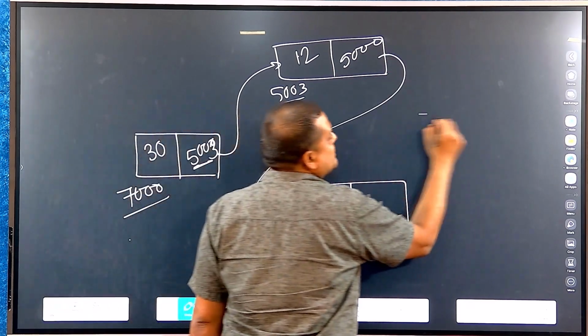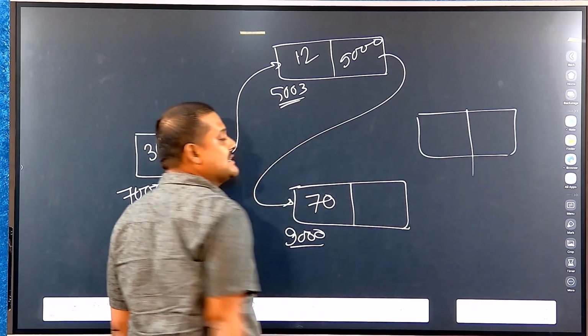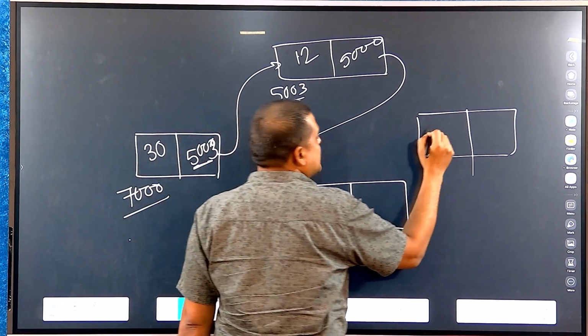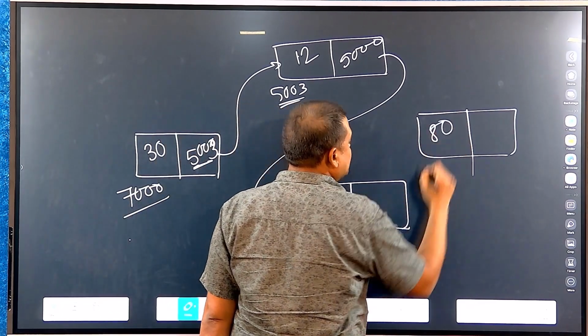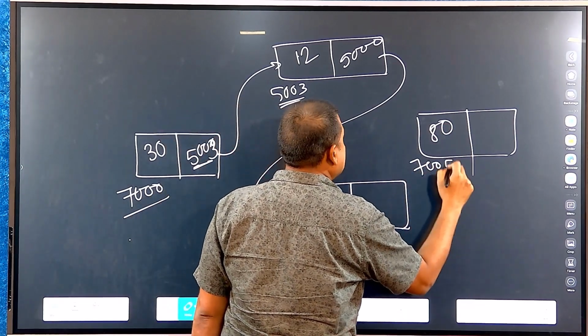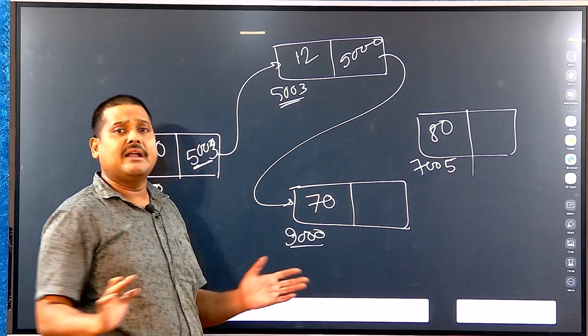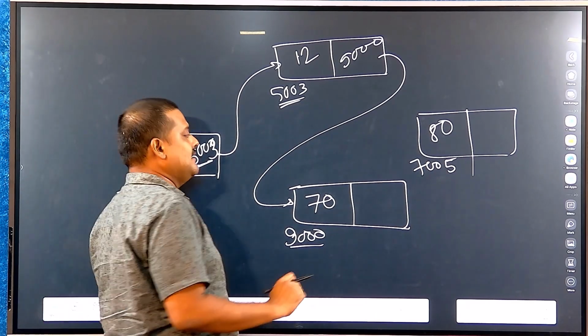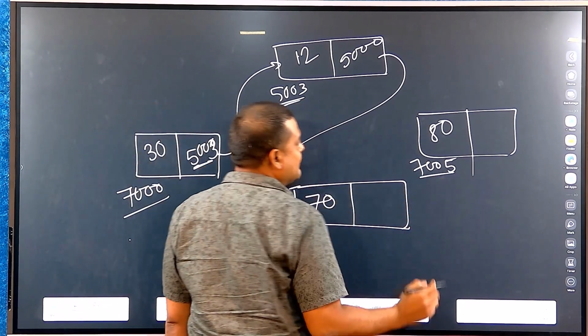Again I want to store some value, so I will allocate some memory space dynamically. Say, for example, I want to store the value 80. This variable is allocated at the 7005 location. Any random address, any location, these values are stored. So, at the 7005 location this variable is stored.